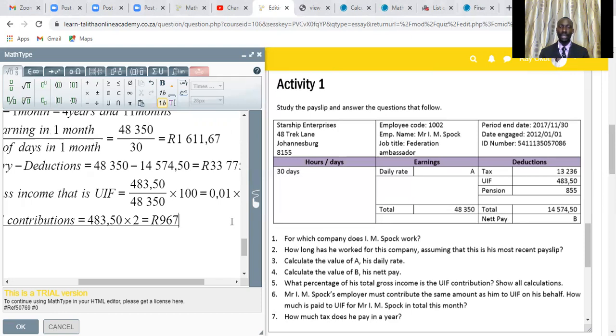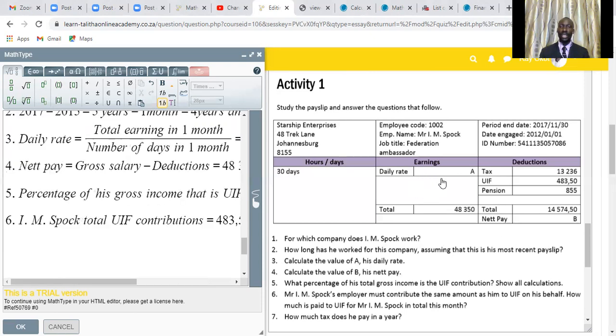Okay. Now, the other question is, how much tax does he pay in 1 year? Now, notice that this pay slip is for 1 month.